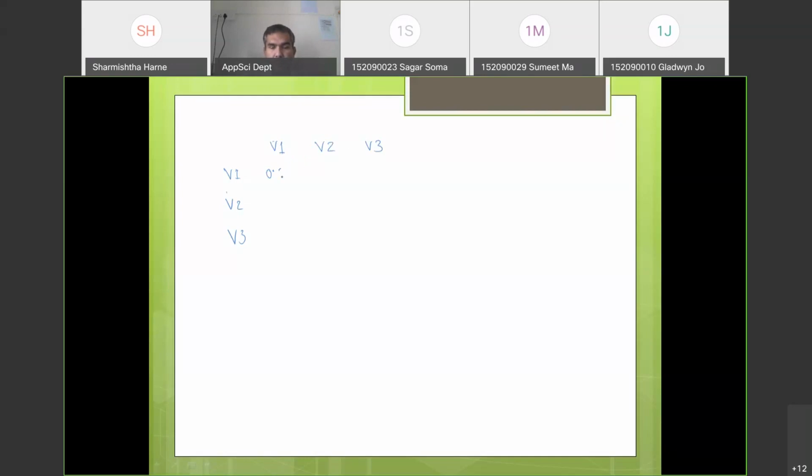So 0.2, 0.3, 0.6, 0.5, 0.4, 0.1, say this is 0.3, 0.7, or say 0.6, and it is 0.1. How is this possible?